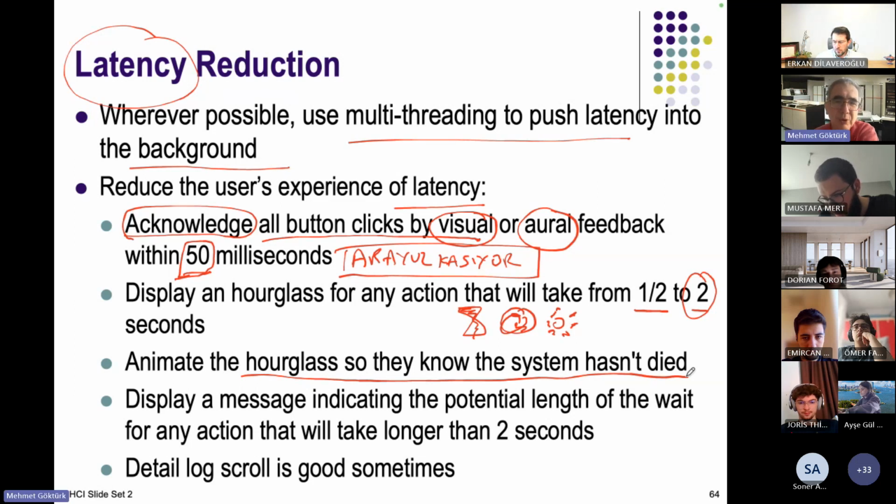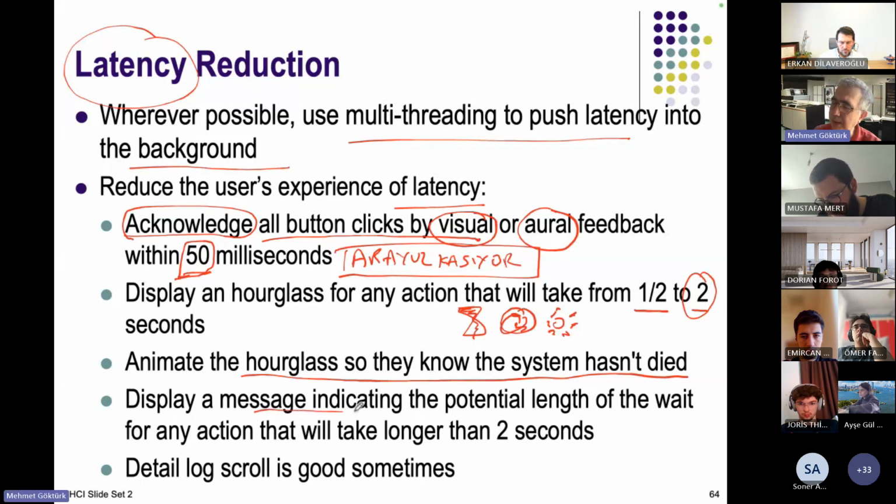But that should also be done with care. Sometimes front end and back end are so disconnected that the animation keeps going, but the system has crashed. So connect them somehow with more information between the hourglass and the application itself.